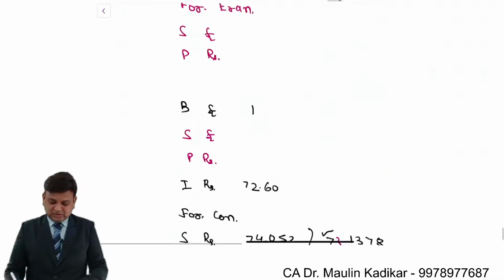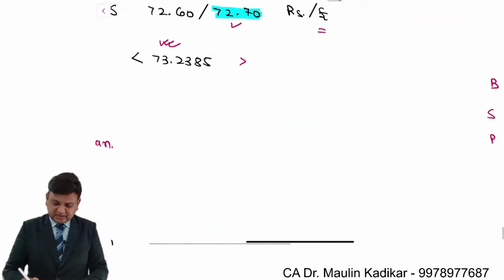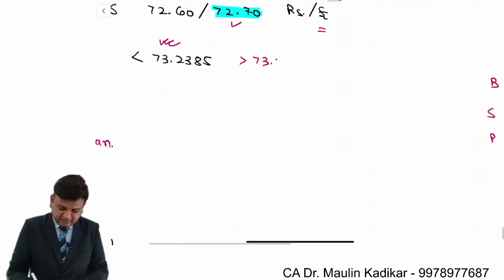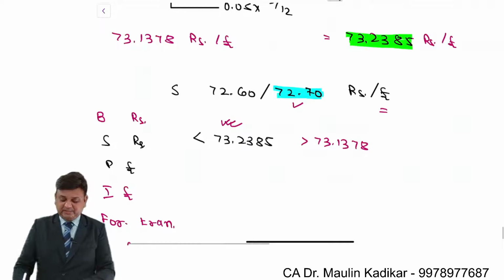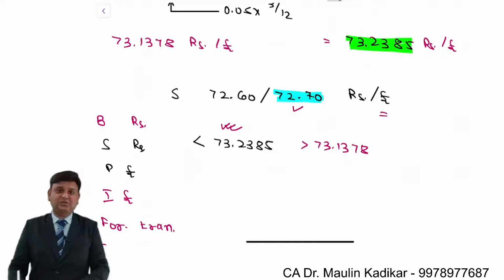Okay, so this rate should be greater than 73.1378. In that case there will not be any profit, there will not be any arbitrage.